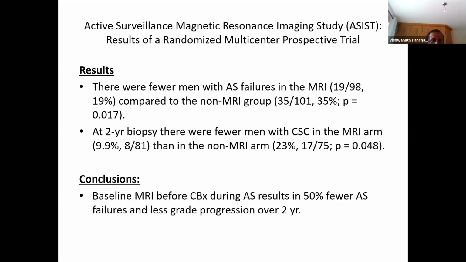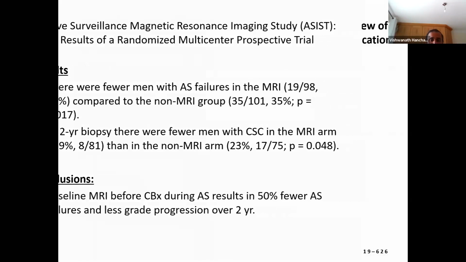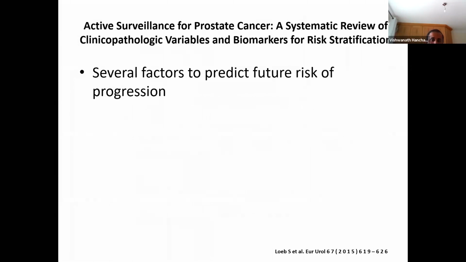The conclusion was that baseline MRI before biopsies during active surveillance results in 50% fewer active surveillance failures, with less grade progression over 2 years. Although it was a short-term follow-up, that gives us a good suggestion that MRI should be included. If it is not done before the biopsy, all men with prostate cancer should have an MRI before they are put onto the active surveillance protocol, and the management should be changed depending on what the MRI finding is.